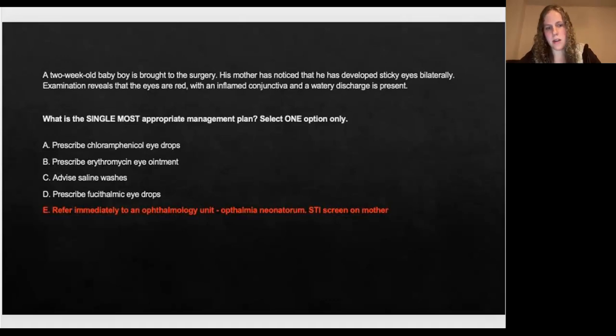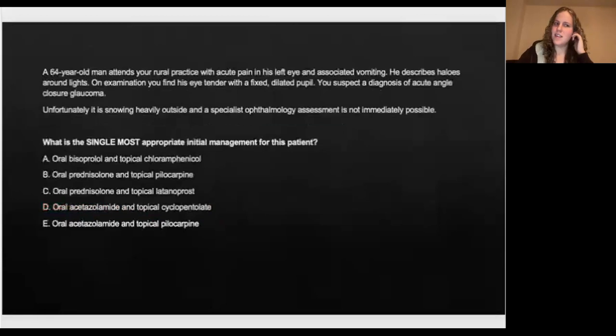So things like chlamydia, gonorrhea, strep, or staph infections. And they should always be an immediate referral to the ophthalmology unit. I feel like it was kind of given away, but okay, next one.